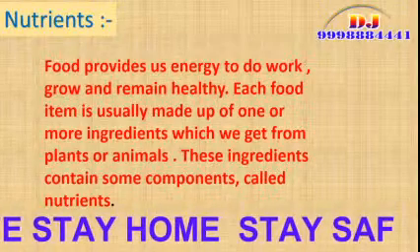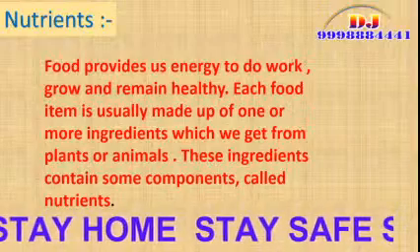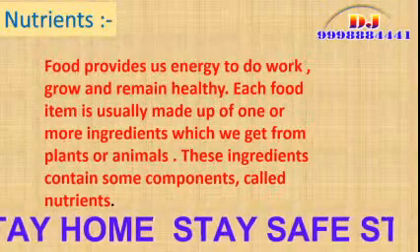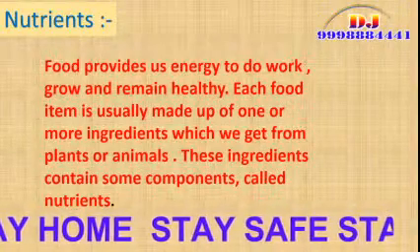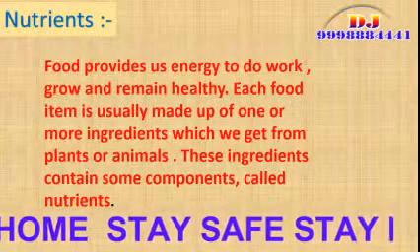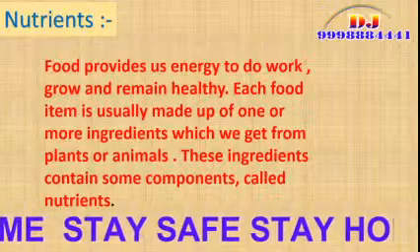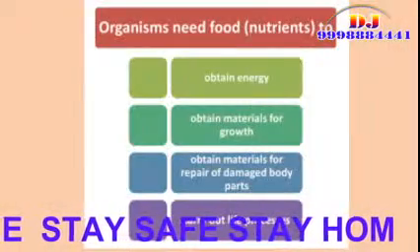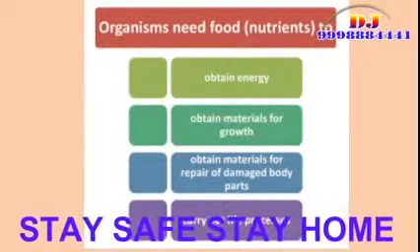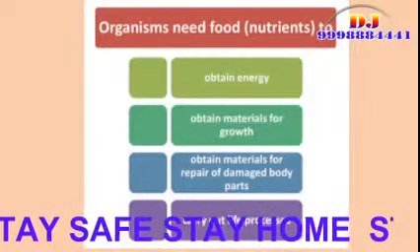Food provides us energy to do work, grow and remain healthy. Each food item is usually made up of one or more ingredients which we get from plants or animals. These ingredients contain some components called nutrients. So what is the meaning of nutrients?